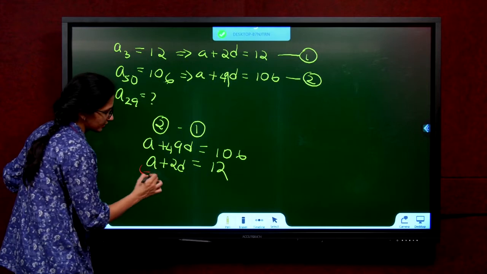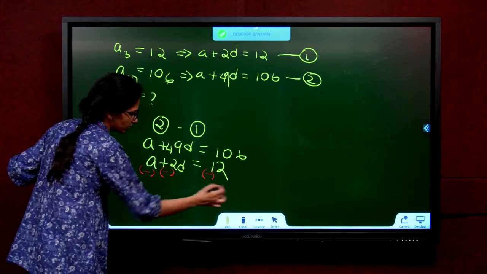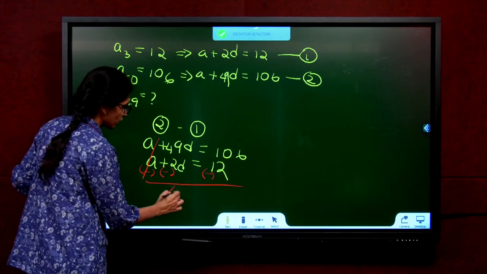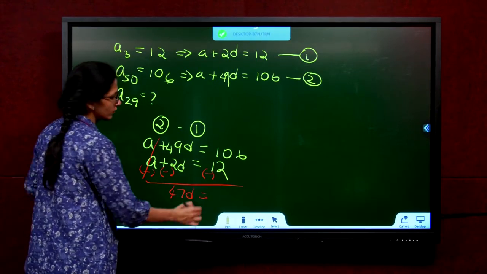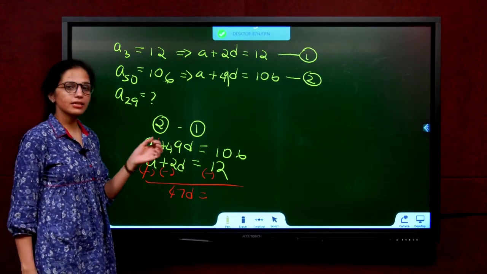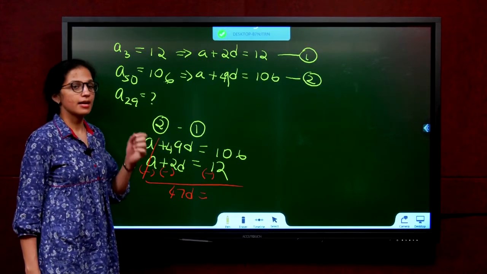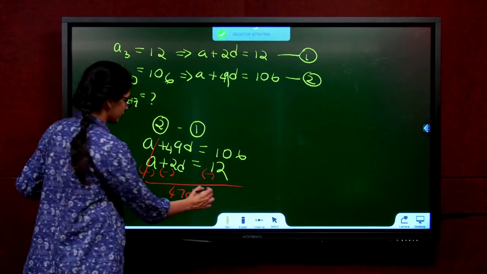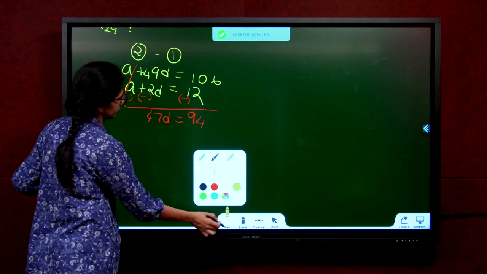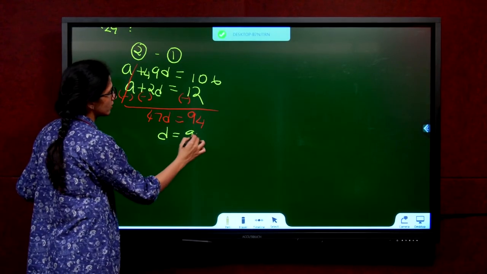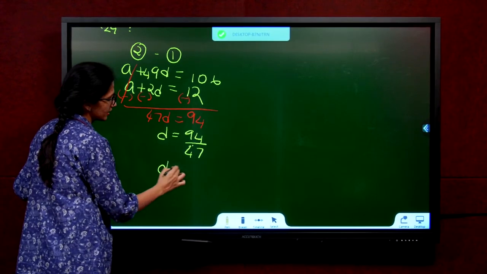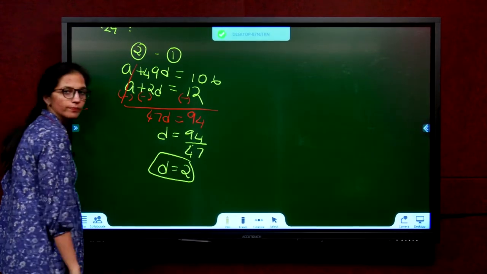Change signs because it is subtraction. A cancels. 49D minus 2D, 47D is equal to 106 minus 12. 106 minus 10, 96. 96 minus 2, 94. D is equal to 94 by 47. D is equal to 2.